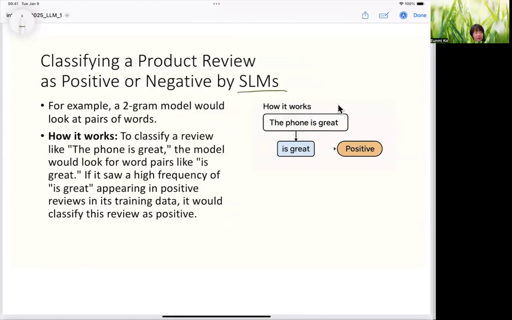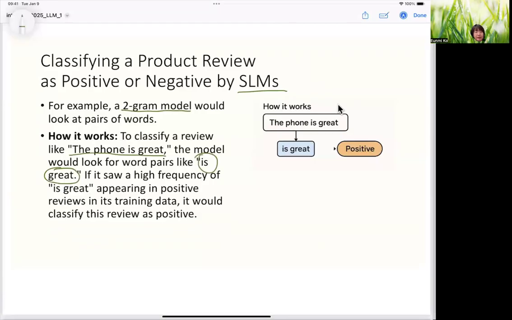All right, let's take a 2-gram model and let's classify a review like "the phone is great." And let's think about another example: "the phone is excellent." The model would look for word pairs like "is great" because it's a 2-gram model, so it's a two-word model.